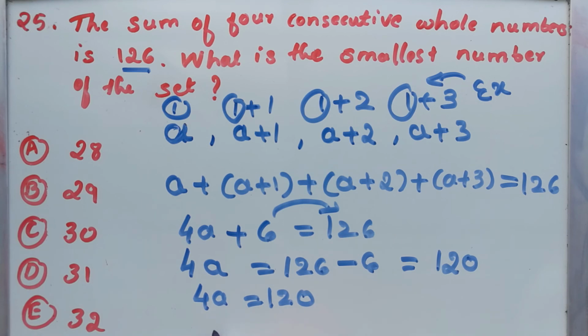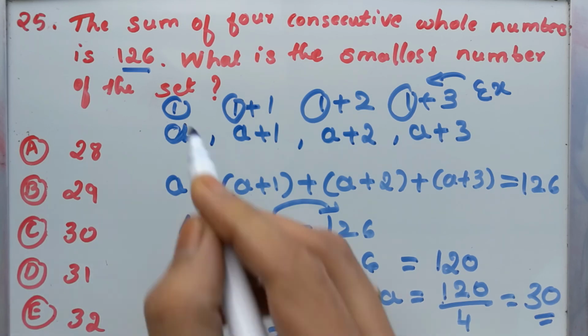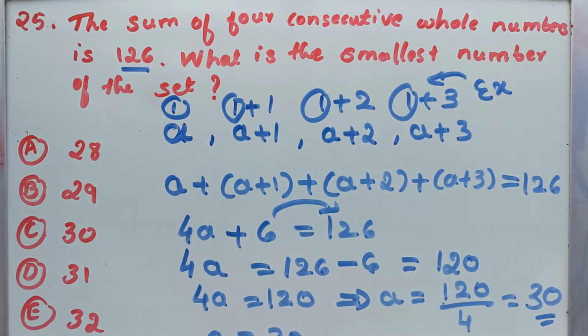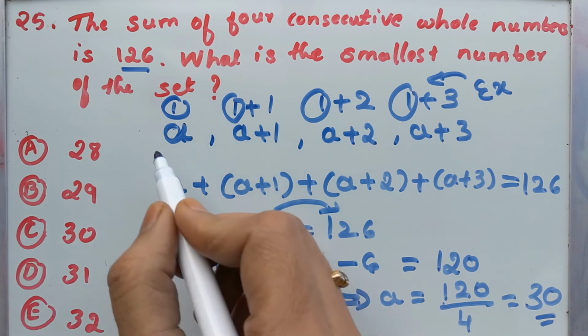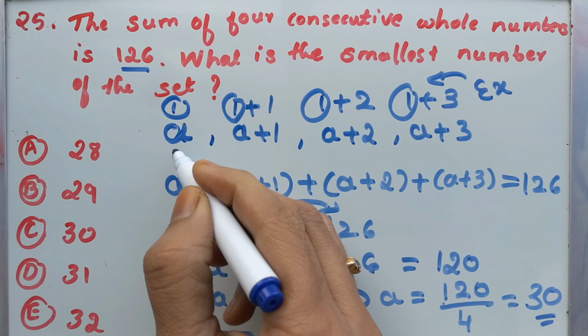So a is equal to 120 divided by 4. 120 divided by 4 is 30. So we got the answer a is 30. What is the smallest number of the set? This is a set of 4 consecutive numbers. So smallest number is a itself, 30.